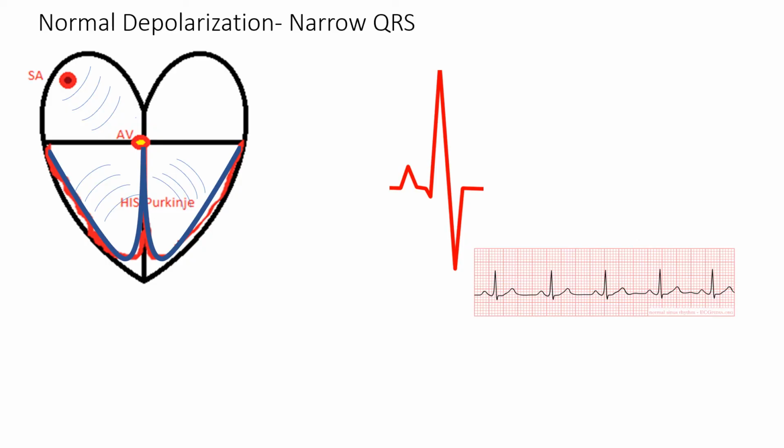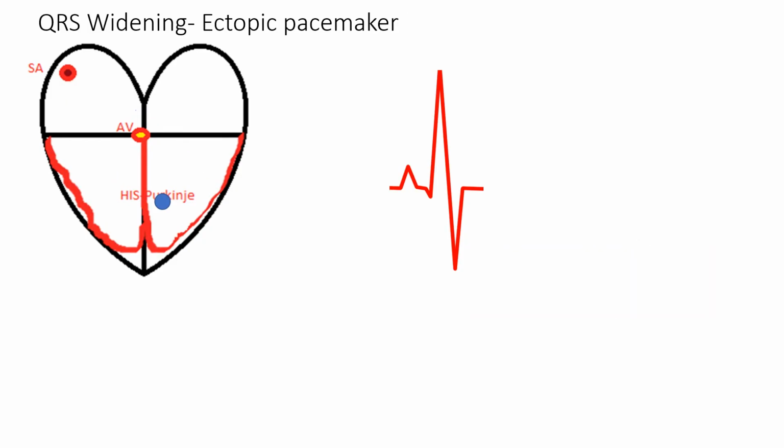synchronous depolarization. Here's an example of an ectopic pacemaker occurring in the ventricle. I get depolarization stemming from that pacemaker and spreading outward, leading to partial depolarization of one ventricle. Eventually, that signal will find itself on the other side via retrograde conduction through the Purkinje fibers, and I'll get right ventricular depolarization.